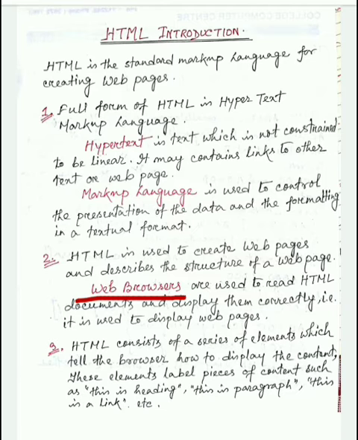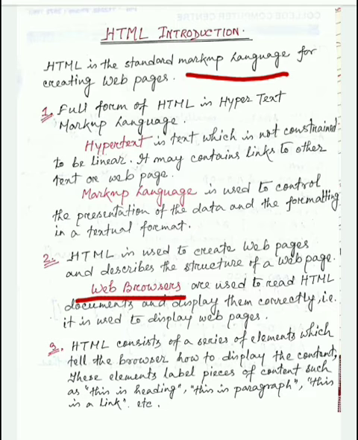Now, as HTML is a markup language, there are some specific elements which are used to format the text in HTML. An HTML page is a collection of such elements which are used to format the text in the web browser.